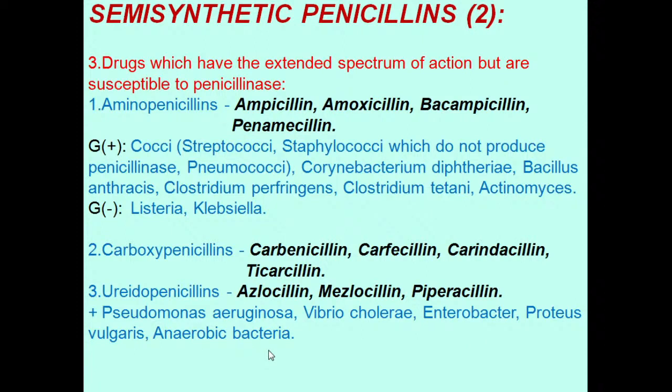So the spectrum of action is of course widened, extended. And aminopenicillins, besides, have two forms, for injections and for tablets. Some of them, for example, ampicillin and amoxicillin, can be used in injections and orally also.